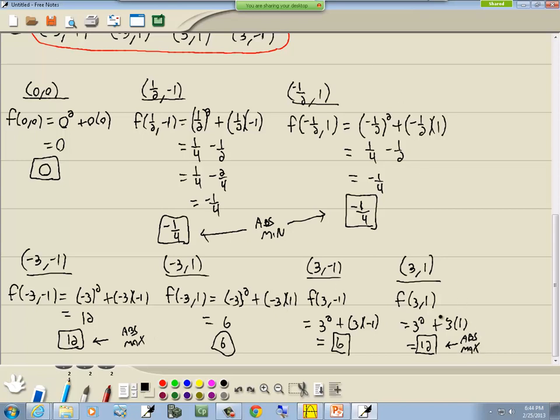And I'm out of room here, so let me write it up here. It's my answer. So my absolute min is going to be at 1/2, -1, -1/4, and -1/2, 1 and -1/4.